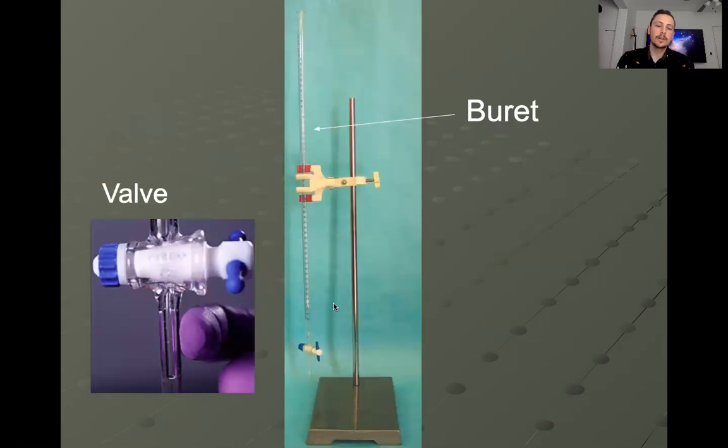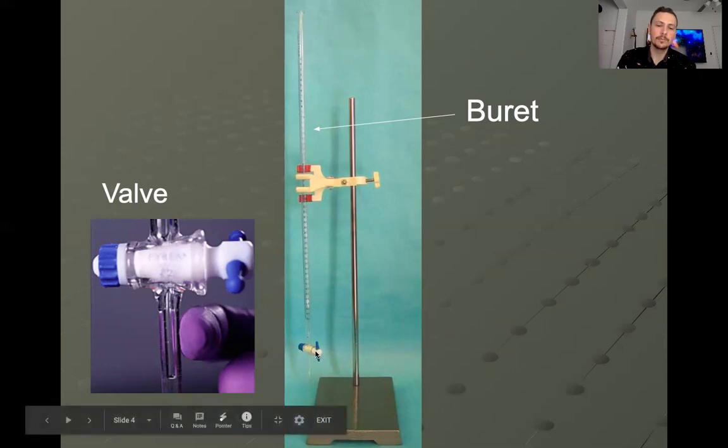So, to perform a titration, we have this new laboratory tool called a burette. We have not used this before, but it's composed of just two main parts. We have this really long, narrow glass tube that has graduations, the markings, to help us measure the volume.